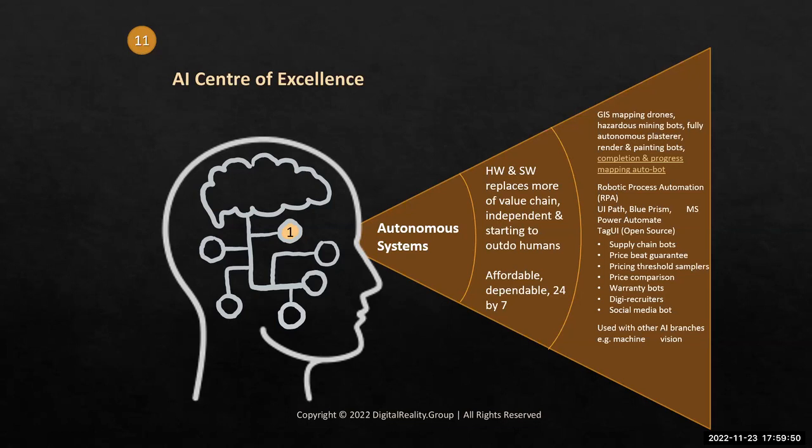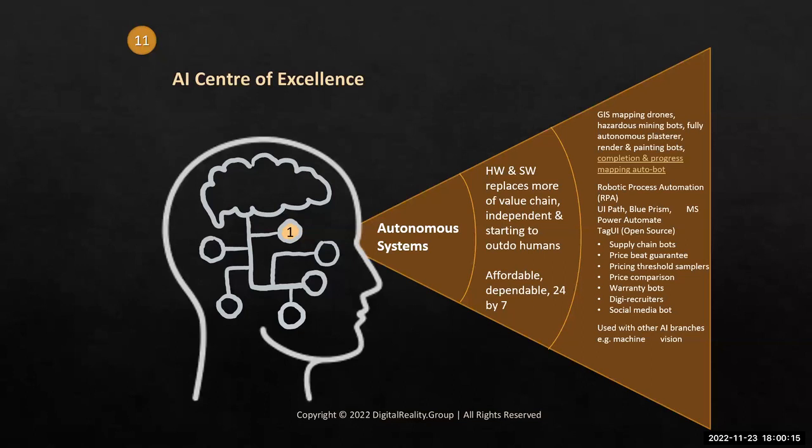Examples of autonomous systems are mapping drones that are able to gather geo-information services, hazardous mining bots, a fully autonomous plasterer for the building industry. You have bots that can render and paint. You have RPAs in the mix.